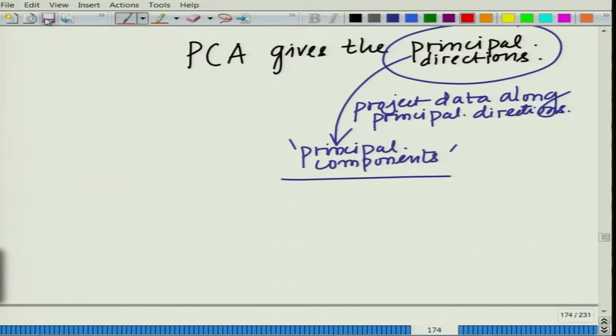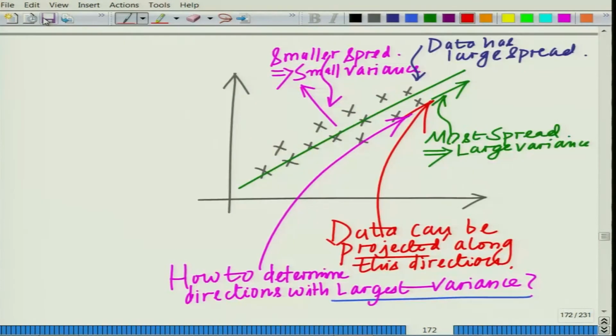These have the largest variance, and the other interesting property is that these principal components are uncorrelated or orthogonal to each other, like what you have seen over here. These directions are perpendicular, right.